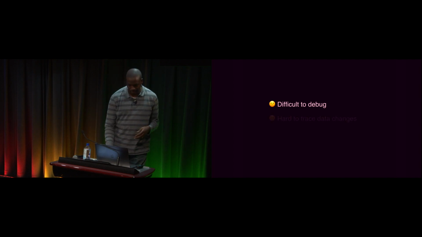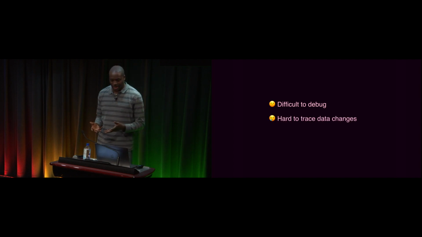But this application left a trail of issues behind. The application was seriously hard to debug. We had hard to find race conditions in HTTP requests, no clear assignments of responsibilities, and bad promise-based code. It was hard to trace data changes.